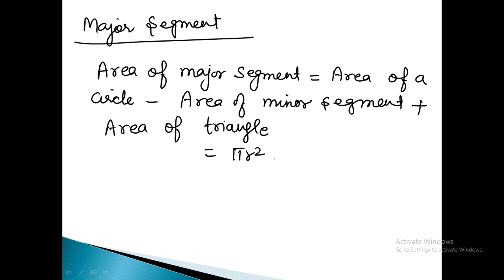That is, πr² (area of circle) minus θ/360 πr² plus 1/2 r² sin θ.